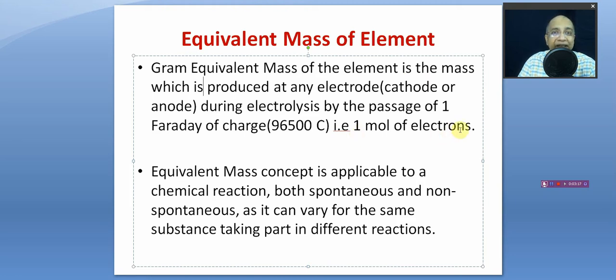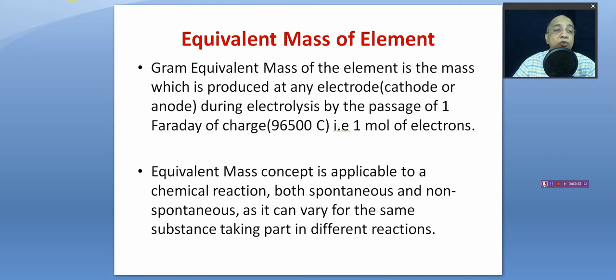I think in our LOC program, we did calculate the total charge of 1 mole of electrons. I remind you what we did in our previous program.